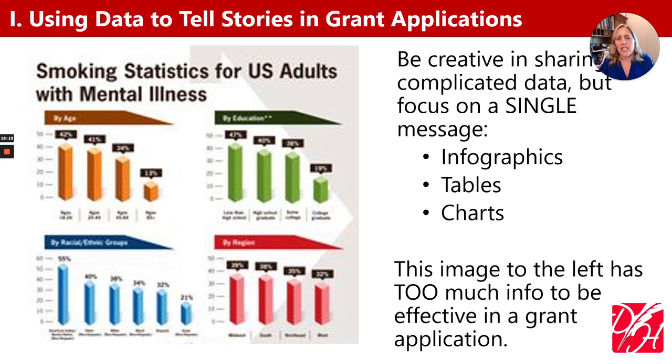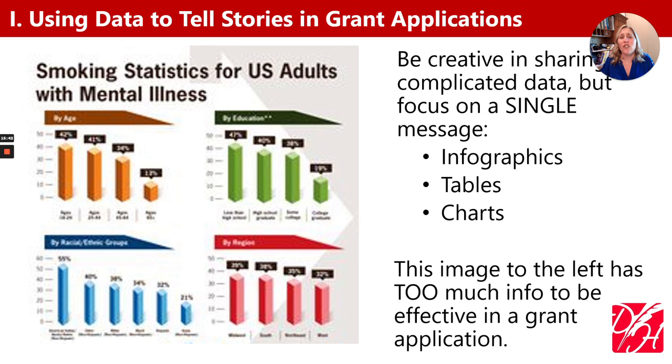Now, what's on the screen? There's a lot of information in that one image square, isn't there? Yes, there is. So if you're going to include any sort of visual to help tell your story, to make the data you're presenting a little less complex, a little easier for your reviewers to digest, my recommendation is that you go with a single message. What is the single takeaway that you want from this image?